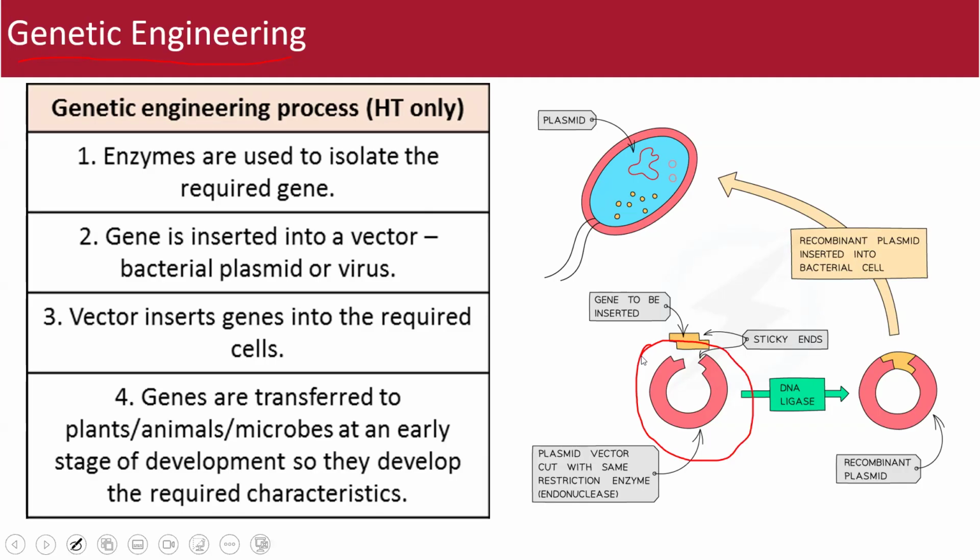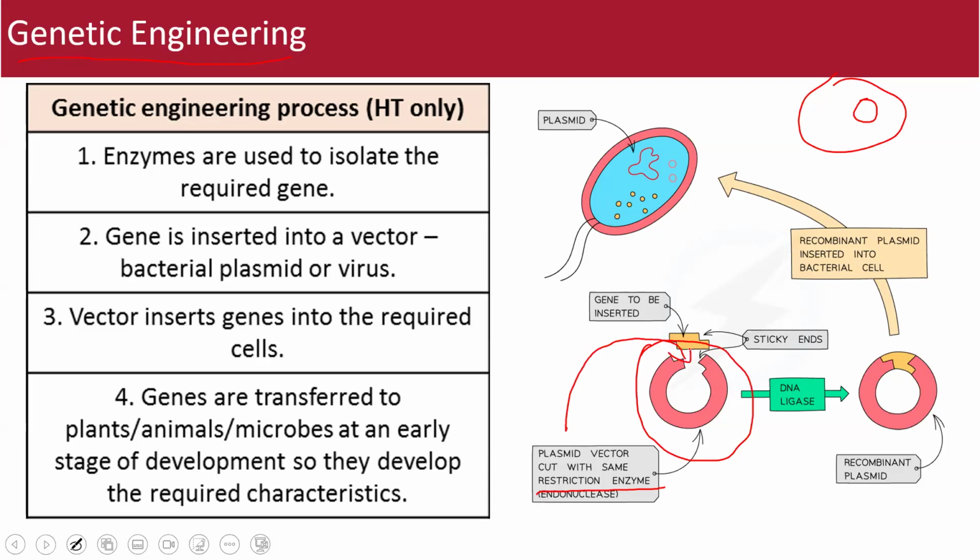is your plasmid. So if you remember a bacteria doesn't have a nucleus, it has a little ring of DNA called a plasmid. And what they do is they use a restriction enzyme, and with that restriction enzyme, they cut out a small chunk of the plasmid.